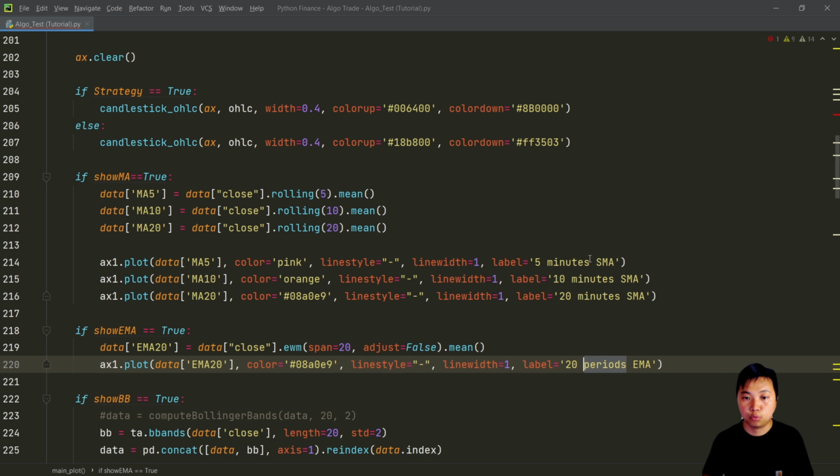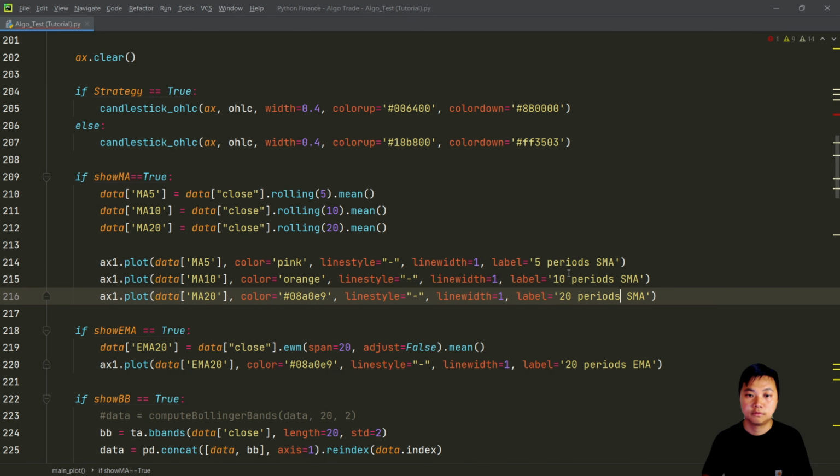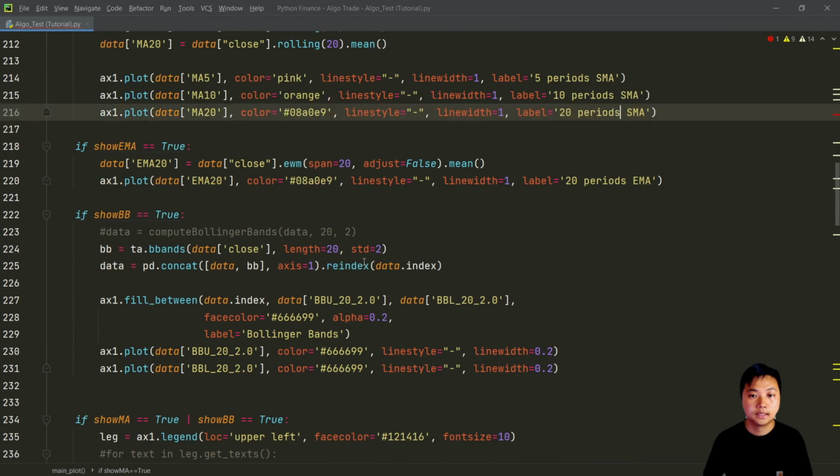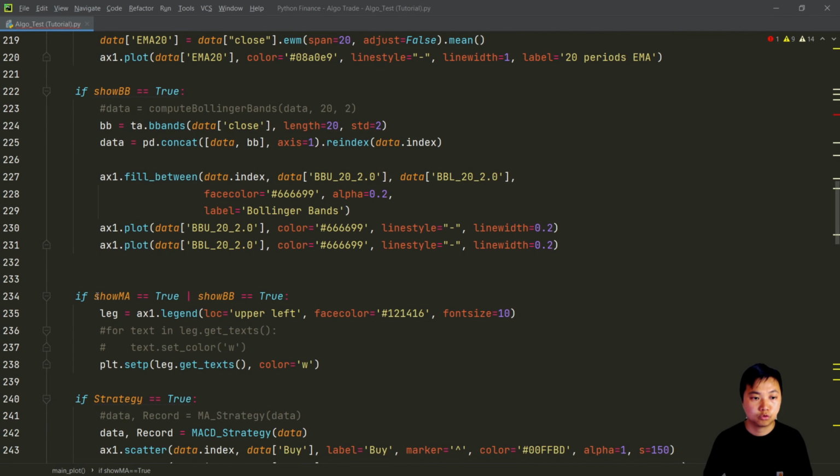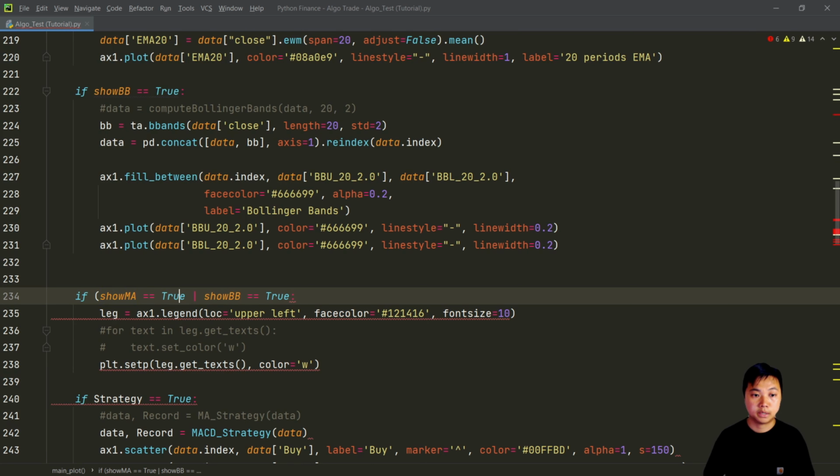For that reason, maybe we can also change these to 5 periods, sorry, 10 periods SMA and 20 periods SMA. And to show the result, I might want to add one, that is the show EMA.